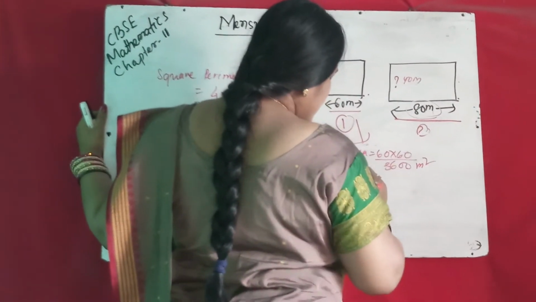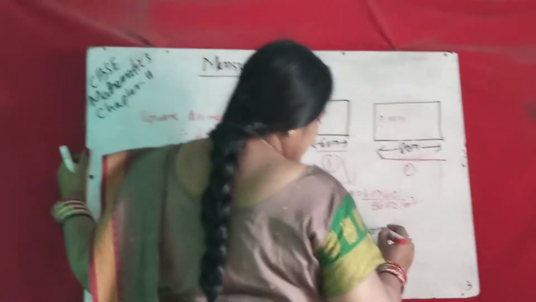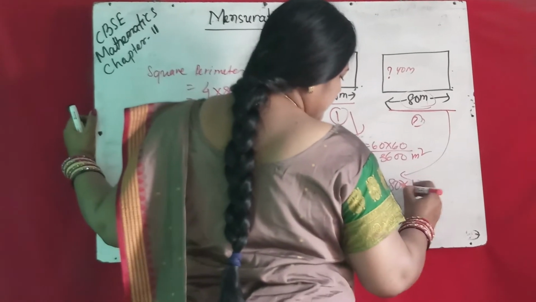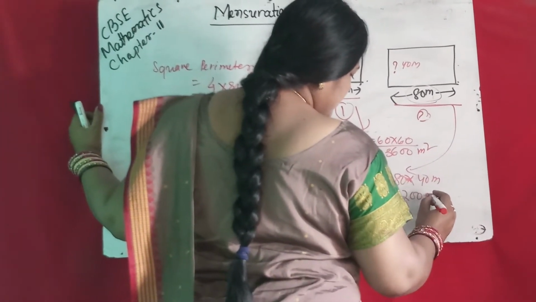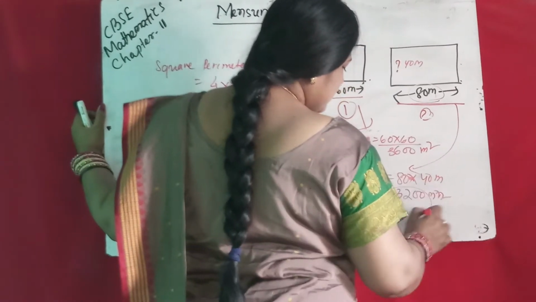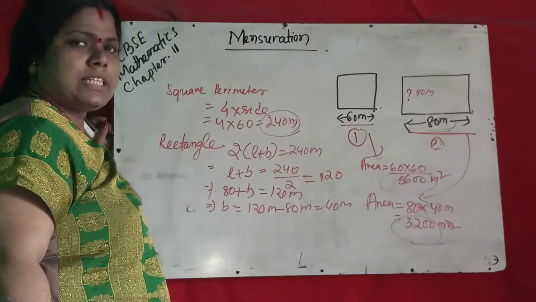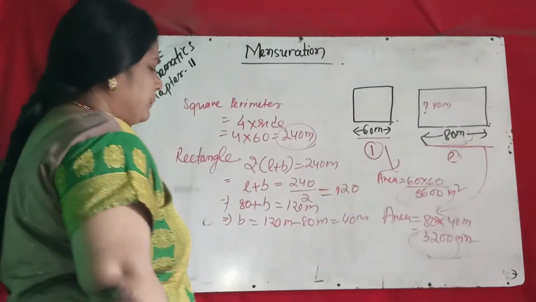Then the rectangle's area is 80 into 40, 80 meter and 40 meter, that is 3200 meter square. So which area is larger? The square's area is larger.